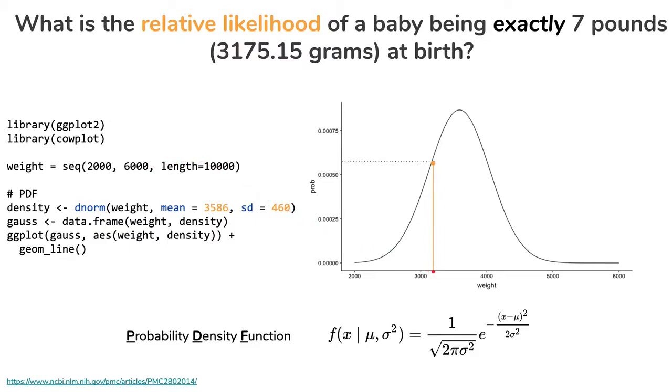Here's the weight that I'm concerned with. Basically go vertically up into the distribution and find the y value at which the curve intersects that x value. And the relative probability that's returned is, again, that value plus a little tiny epsilon. If you go back to calculus, you're computing an integral over that very, very small distance. Okay? All right. So we can compute the relative likelihood of all these different weights given a mean and a standard deviation.